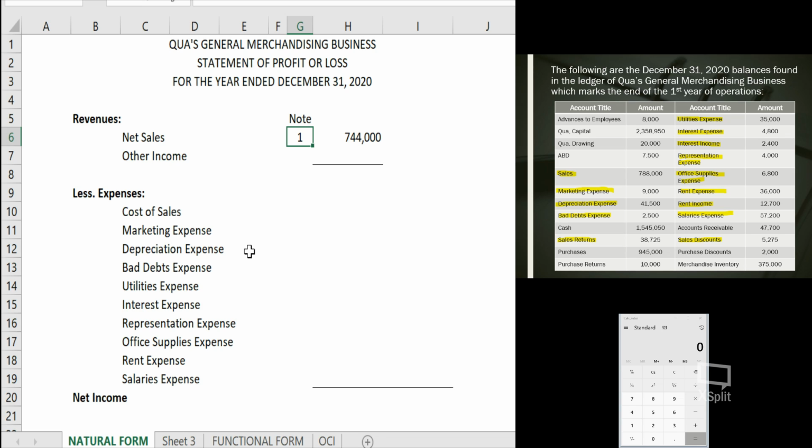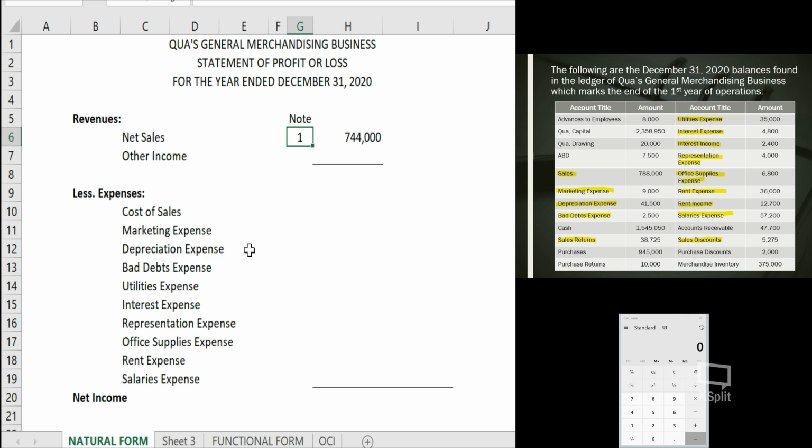And number 5 is the notes to the financial statements. Now, if you can remember, yung notes to the financial statements, we defined it as it contains supplementary information and additional computations to help support the other 4 financial statements.